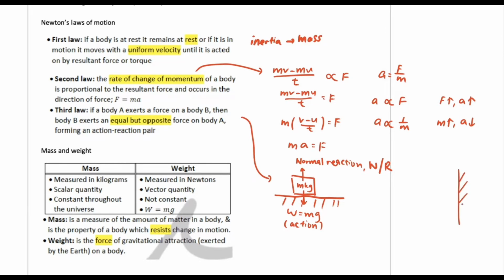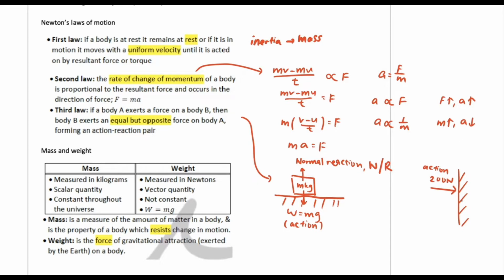Let's say, for example, this is the wall. If you are pressing the wall with a force of 200 Newton, this is known as the action. But the wall is not moved by the 200 Newton.